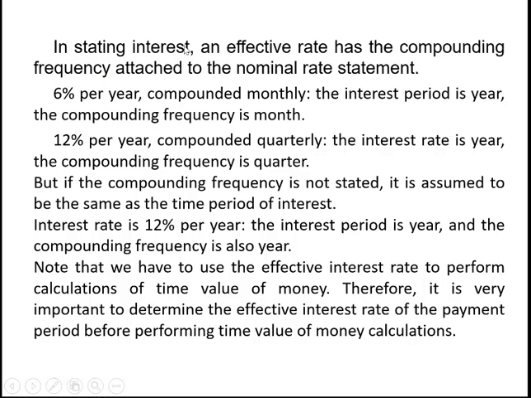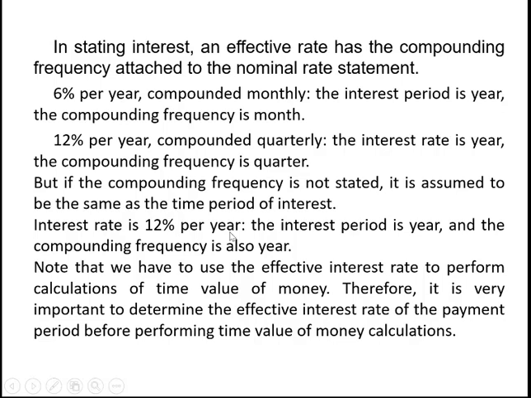So in stating interest, if the compounding frequency is not stated, it is assumed to be the same as the time period of interest. For example, we say that the interest rate is 12% per year.